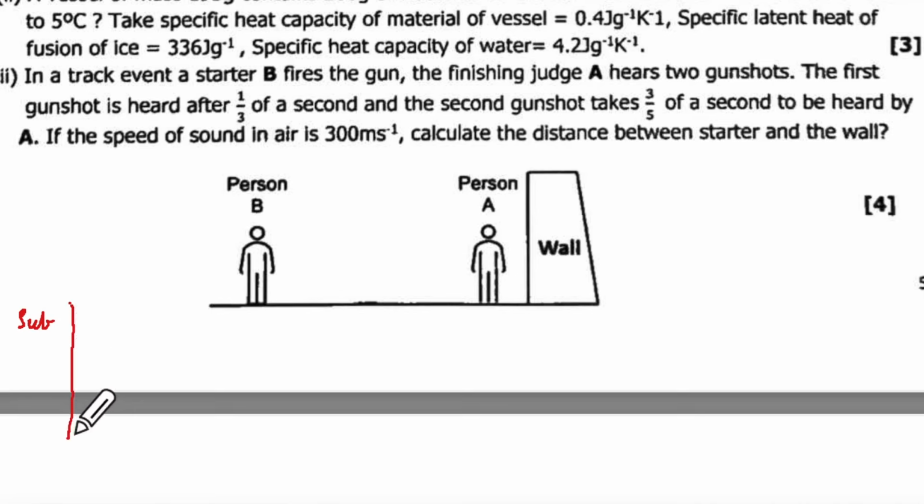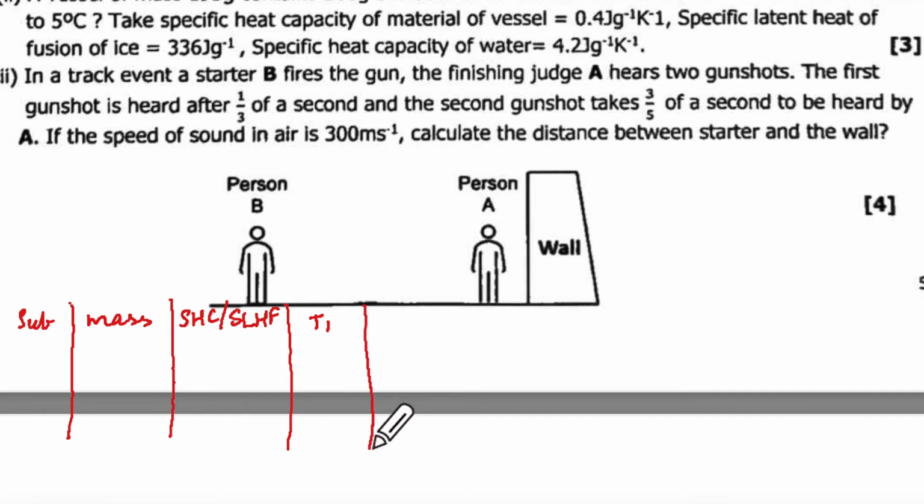Substance, mass, SHC/SLHF means specific latent heat of fusion, then T1, then T2, then delta T. Okay, so we have the vessel, mass is 195 gram, contains water 200 gram.